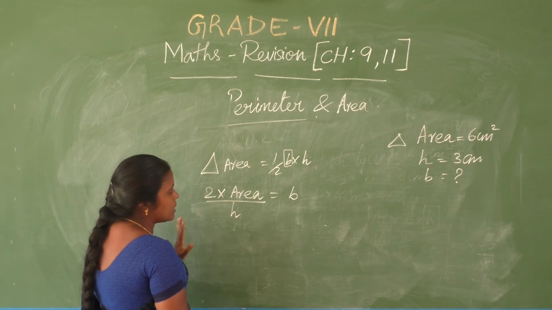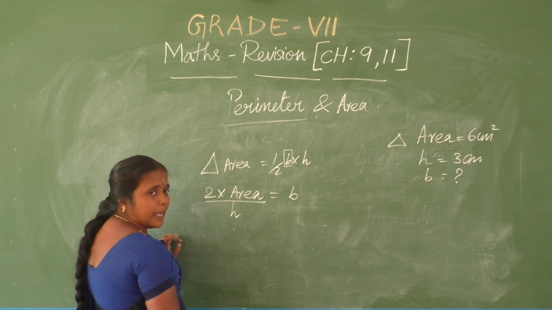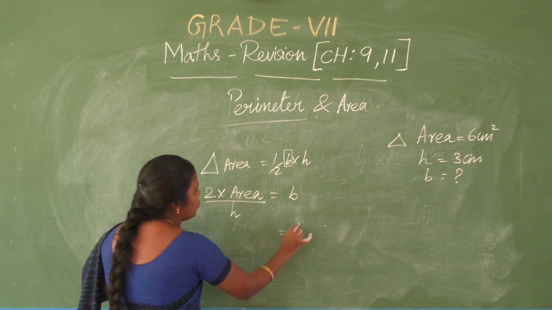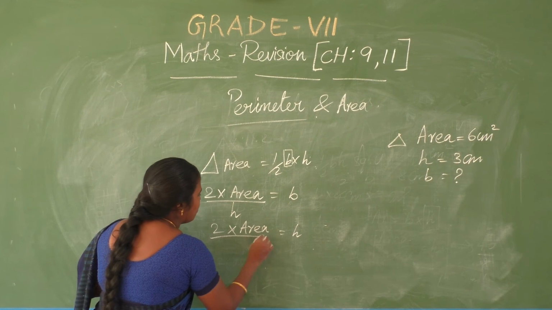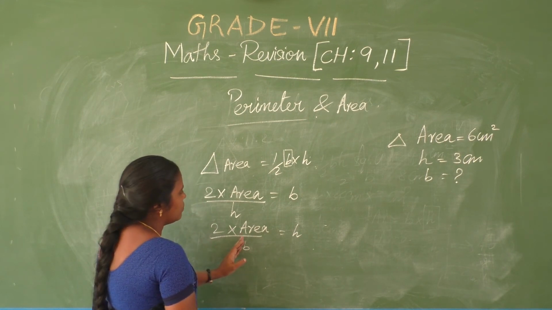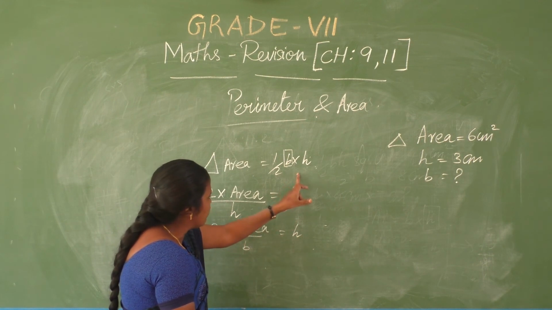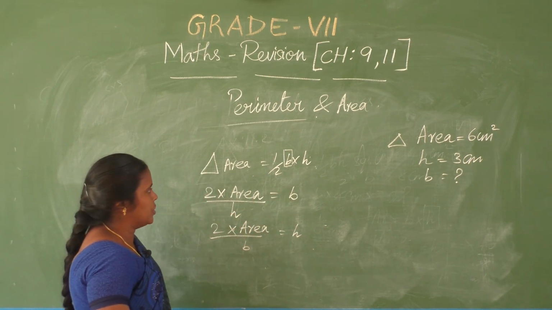So this is the required formula. Base equal to 2 times area by height. Likewise, height also. If you want height, you can write 2 times area by base, which is given. Which is given, that is to be taken in the denominator place. This is the procedure.